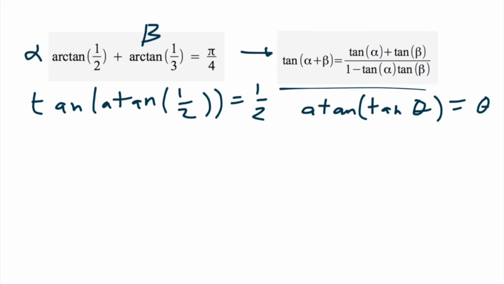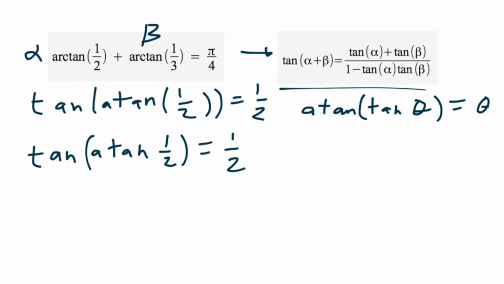So, what would tangent of alpha be? I said alpha was arctan 1/2, so let's see what we would get. Tangent of atan 1/2 is 1/2. So this is our first term. I'm going to do the numerator first and then the denominator second, just so it's a little bit neater. Tangent of alpha would have to be 1/2.